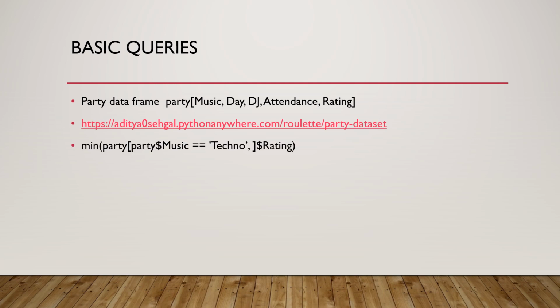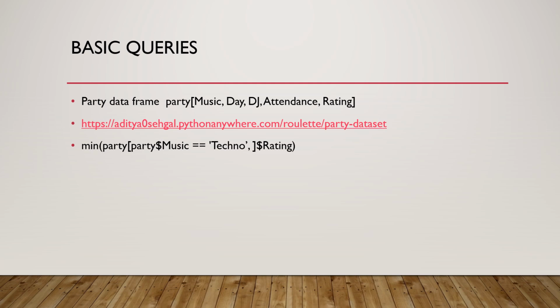For example, this is an example of the query which we're going to generate. What's the smallest rating of a techno party? So how it is done, you can see minimum, which is the minimal value of the numerical values. So that applies to rating. Rating is numerical. I believe it's from 0 to 5.